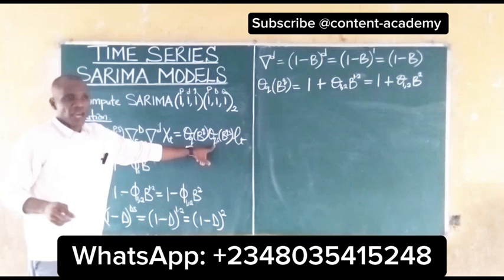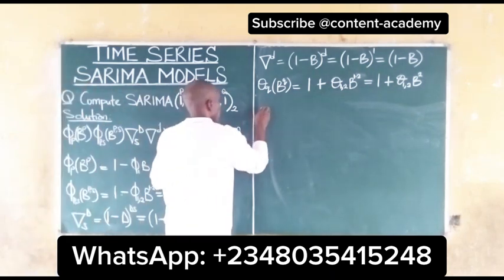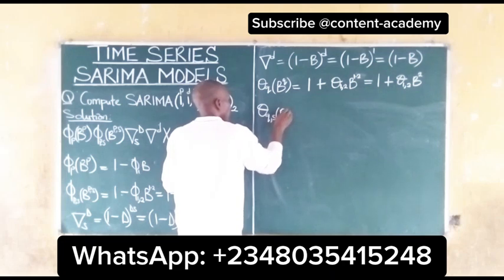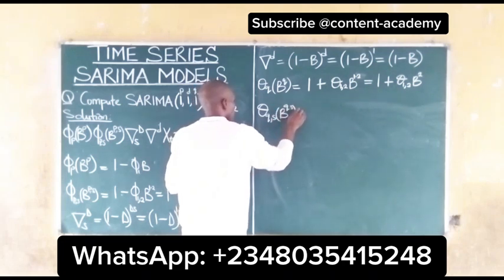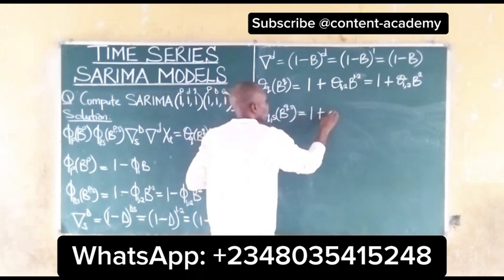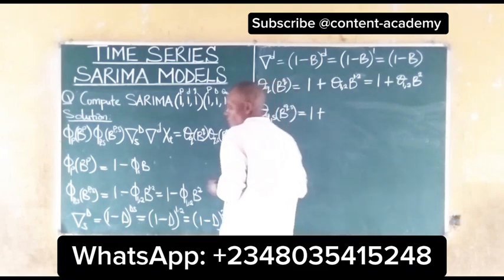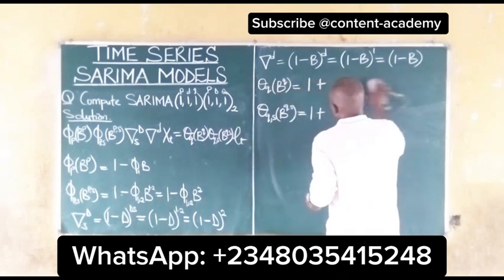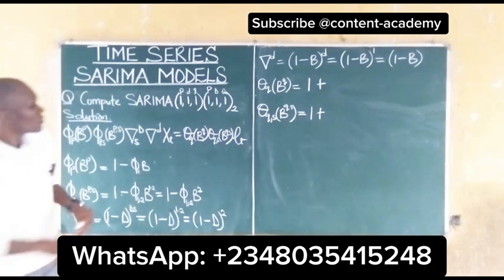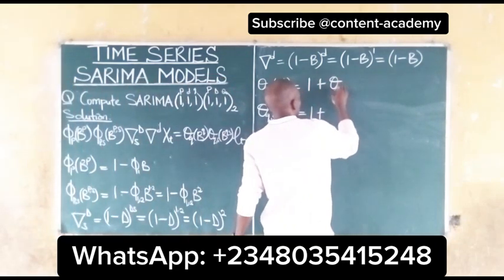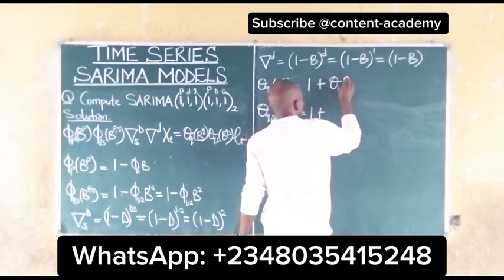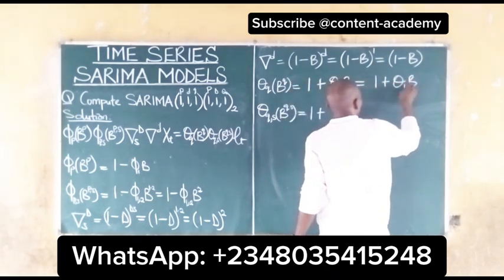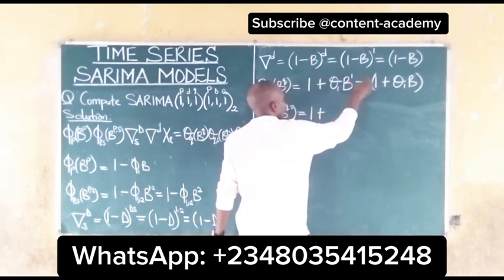We also have the moving average with seasonality. So we have theta Q s, B raised to Q multiplied by s. Sorry, the part with non-seasonality is just theta 1 B, which is equal to 1 plus theta 1 B, B raised to the power of 1.